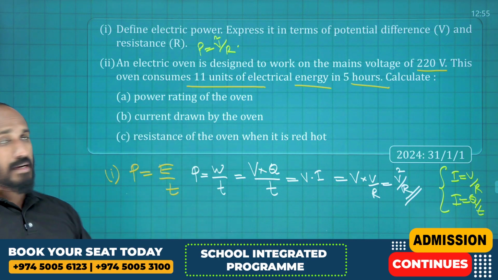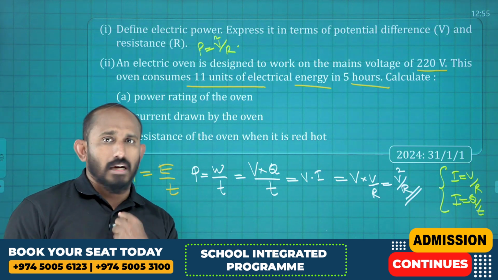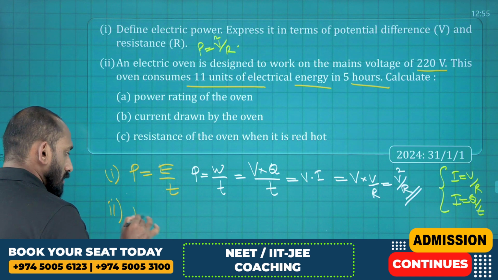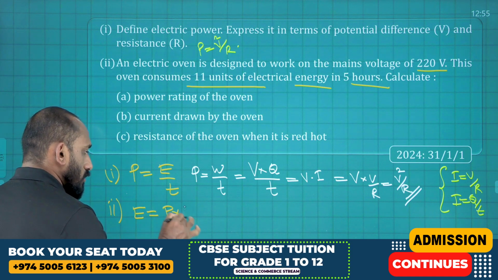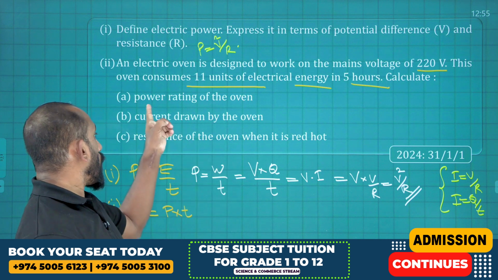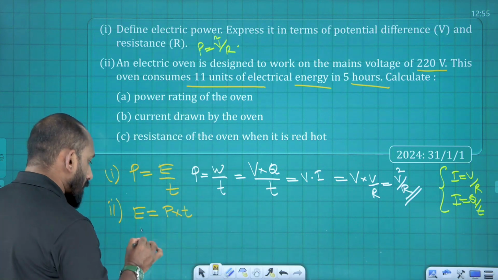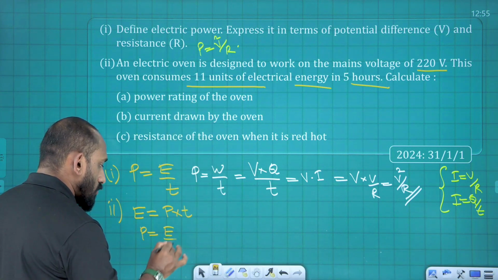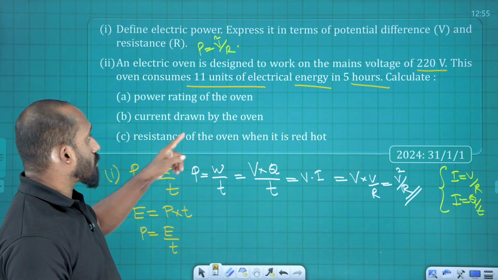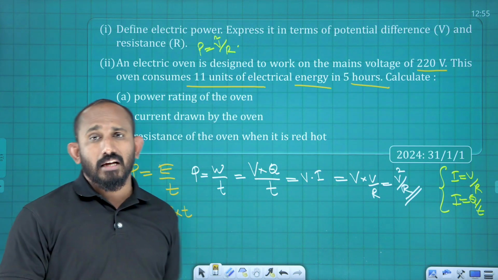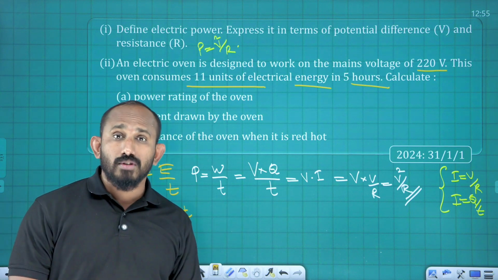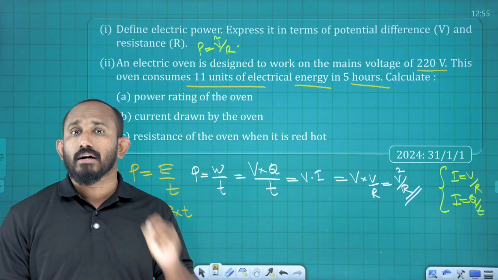So here, for the power rating, we are given how much energy it consumed. We have energy E is equal to power into time. Now power rating you have to find out, so power P is equal to energy by time. Here energy is given as 11 units of electrical energy in 5 hours. 11 units means 11 kilowatt hour.